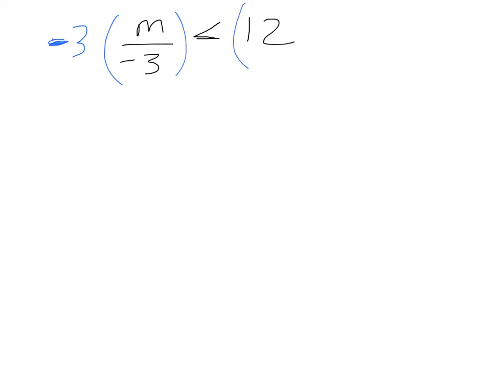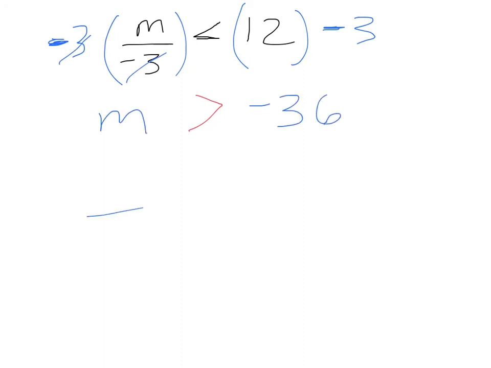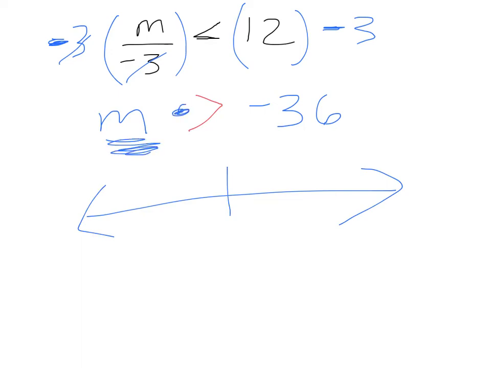If you're multiplying an inequality by a negative, you have to reverse the inequality sign. The 3's will go away here, left with m, and then negative 36. So you're interested in the numbers, read from the variable, that are greater than negative 36. If this is negative 36, you're looking for the numbers that are to the right.